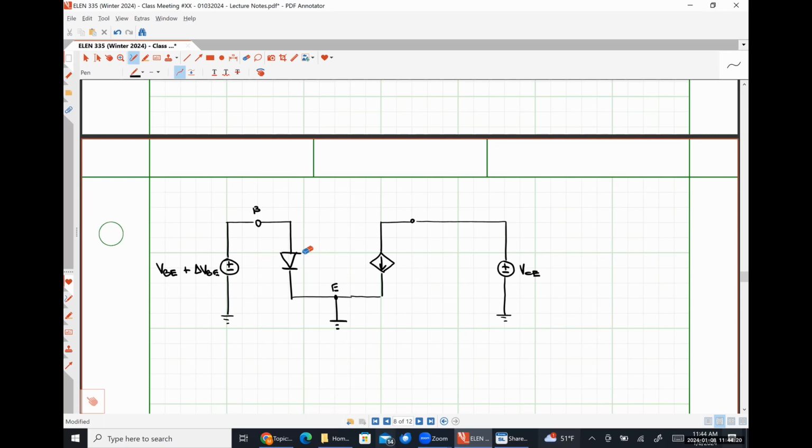So I would argue that our new current here should be EXP of VBE plus delta VBE divided by VT, which will be represented by our current IC plus delta IC.